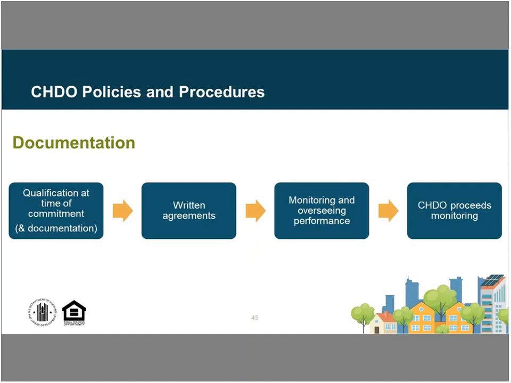There was an old checklist in place with CPD 9711 that is outdated. We're hoping that there will be a revised CHDO checklist that would be made available as a sample document. But each PJ is going to need to follow the regulations in the 2013 rule and have some kind of a process and checklist that you're using to make sure that you have that appropriate documentation in place.